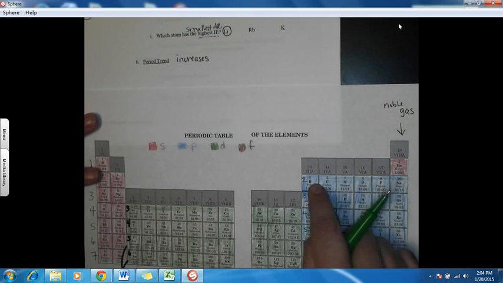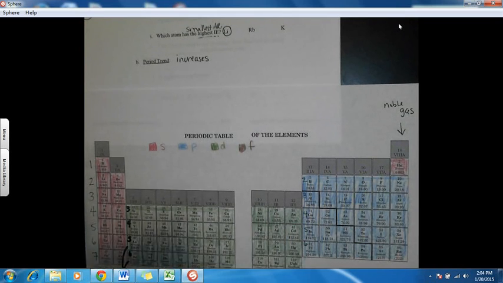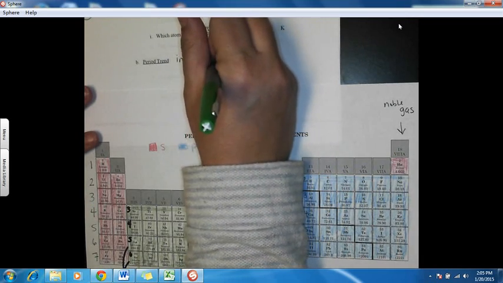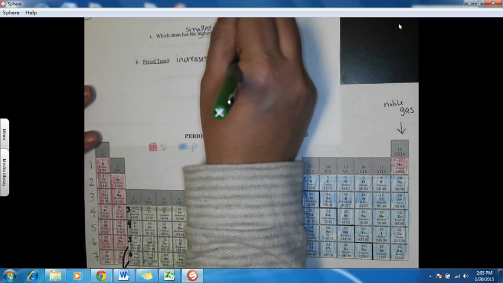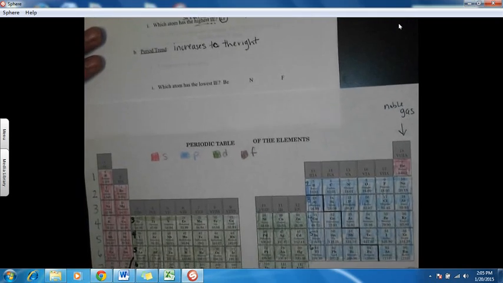And so if it's a smaller atom, an electron is going to feel the pull of those protons much more tightly. And that's going to be held much more tightly and therefore be much more difficult to remove. So the ionization energy increases to the right. Okay, so which of these would have the lowest?